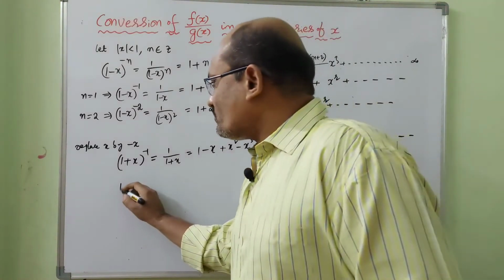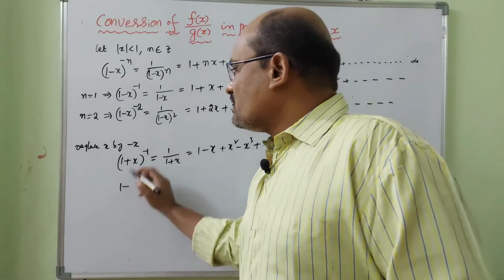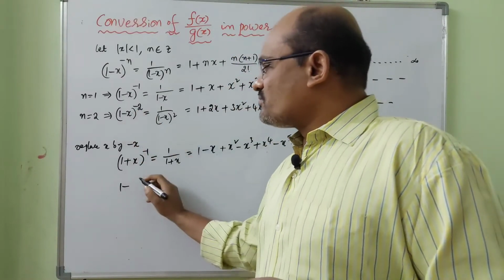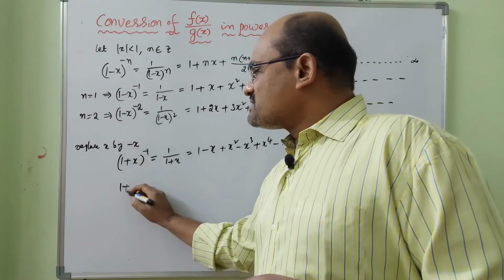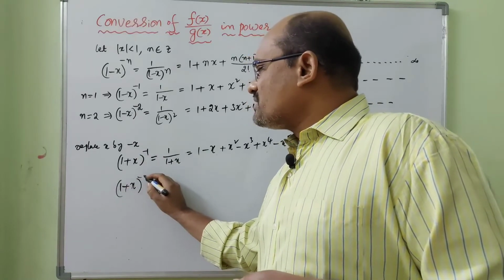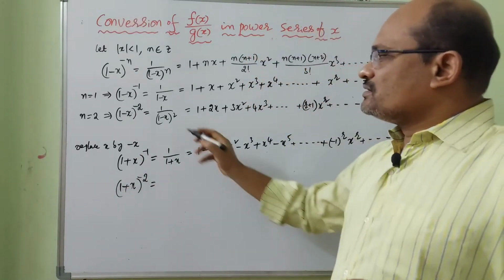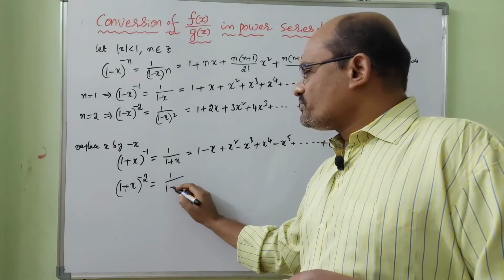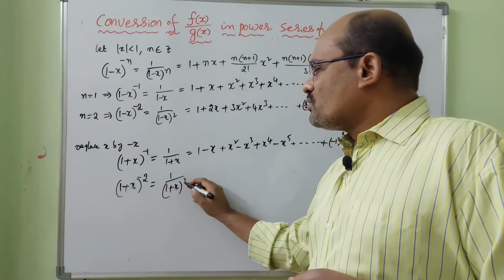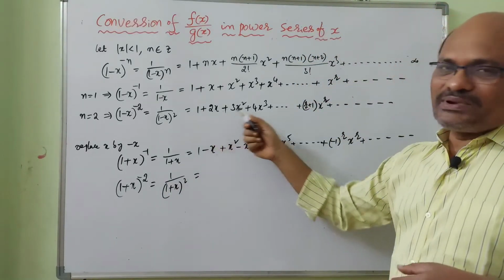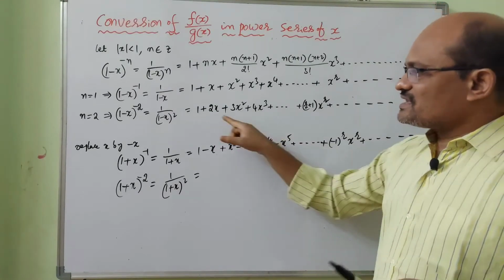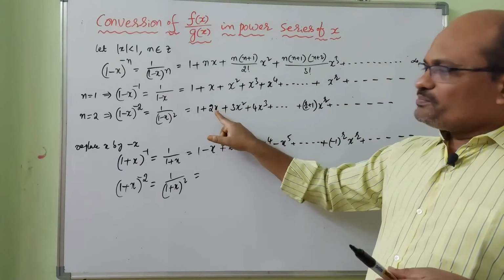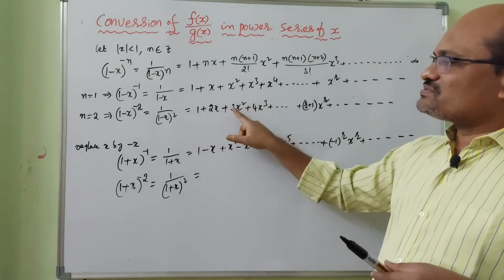Now the second one, replace x by minus x. What do you get? 1 plus x power minus 2, that is 1 by (1 plus x) whole square. Now here replace x by minus x. Again the same thing: for odd powers we will get minus, for even powers we will get plus.